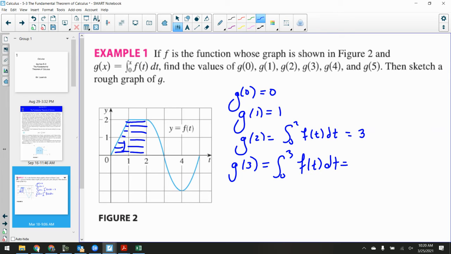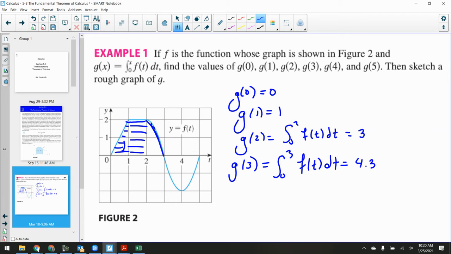But this is curving down. If this was a triangle, the area would just be 1, but it's curving down. It's going a little bit more than just a triangle. If I put a straight line in there, I'm missing some of that area out there. So let's estimate it to be like 1.3. That's what the book estimates it to be, 1.3. So 4.3 altogether. And that's an estimation here.